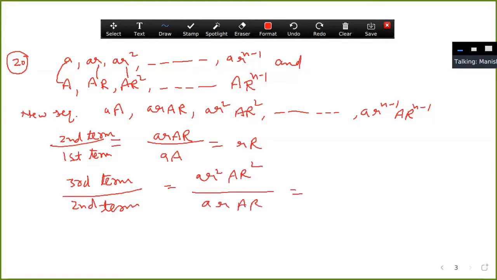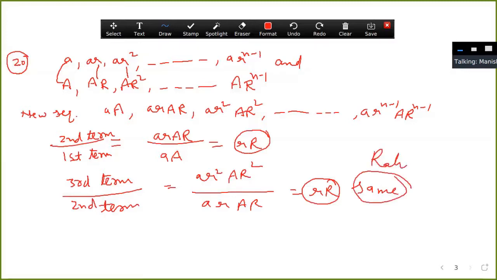Again you are getting small r, capital R. Both are same. It means the ratio is same. If the consecutive terms have the same ratio, what does this imply? The sequence is a GP, geometrical progression.